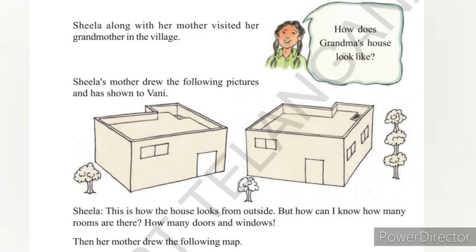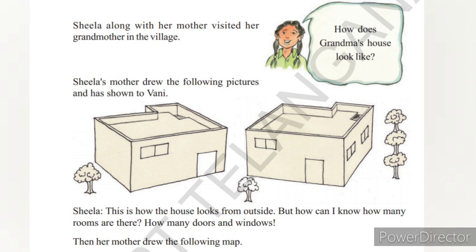Now let's continue from your textbook, page number 87. Sheila, along with her mother, visited her grandmother in the village. How does grandma's house look like? Sheila had this question. Sheila's mother drew the following pictures and has shown them to Sheila.